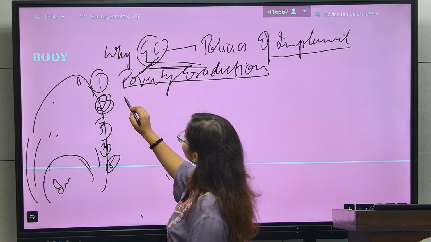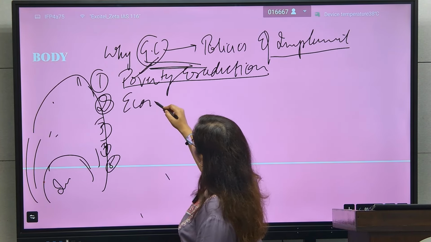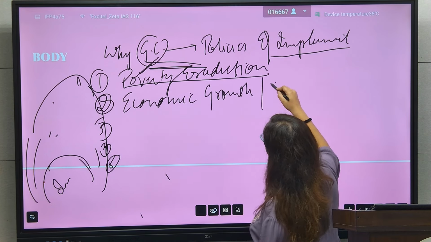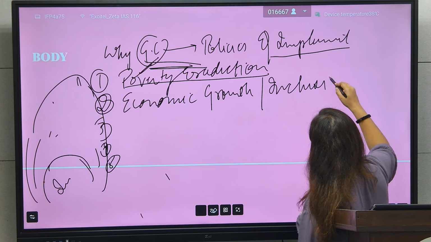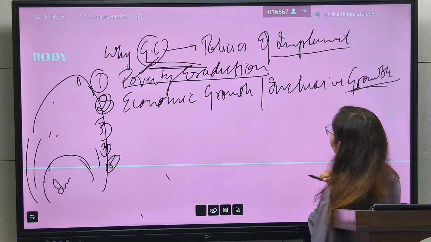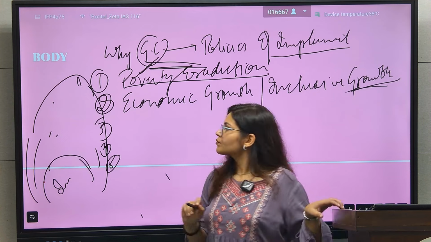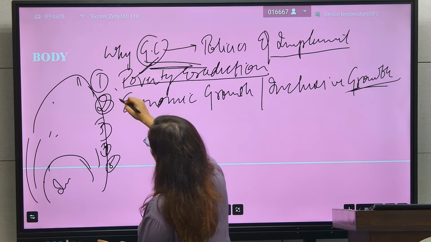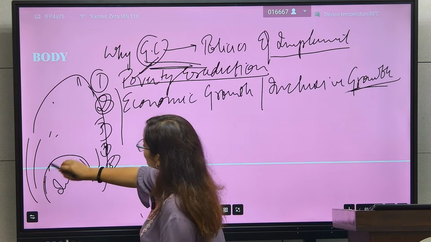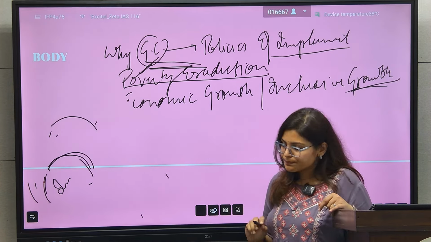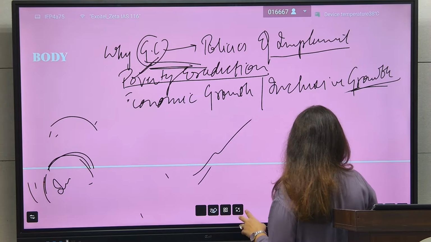Now the second point, there should be economic growth or inclusive growth. So in this way you have to generate 3-4 points, one on the individual level, then the societal level, and then on the national level.